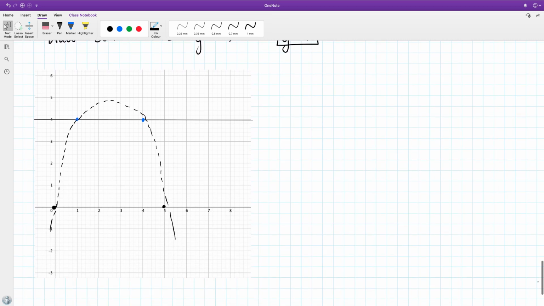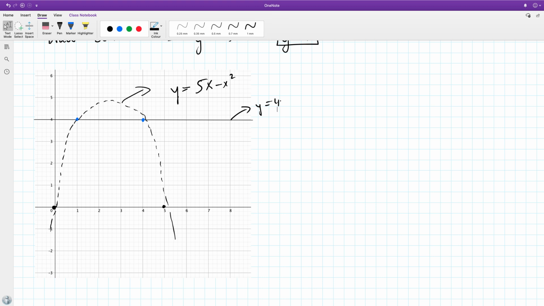Right, how are we going to get the area between the curve and the line? So just so we know what we're talking about, my curve is y is equal to 5x minus x squared, and my line is y is equal to 4. Integrate. Exactly.